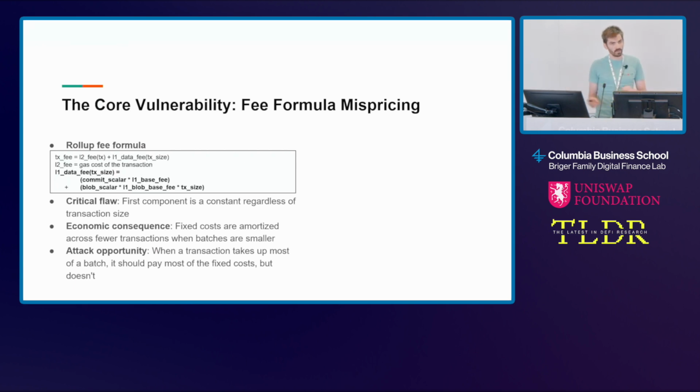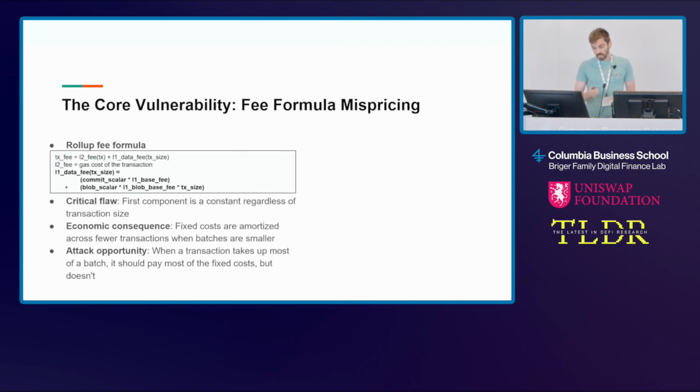For the rest of the presentation, we can forget about proving and focus on the DA part. For the L1 data fee, what we have to pay is some part of the commitment cost, right? And also, we need to cover the cost for the amount of bytes our transaction will require to post it in the L1.